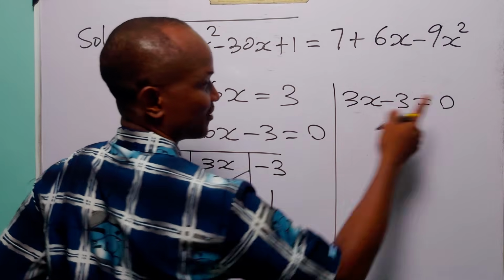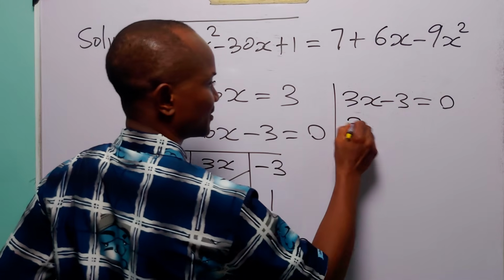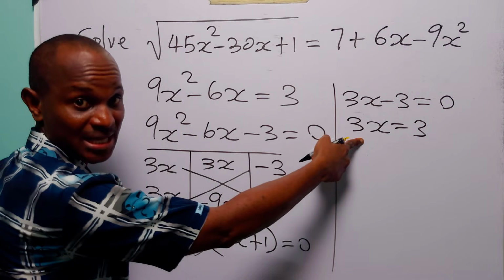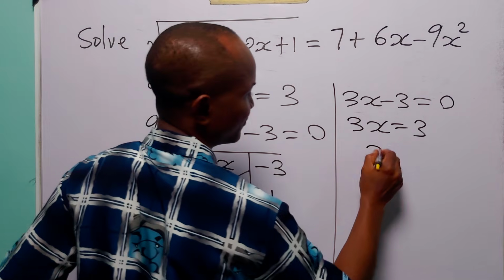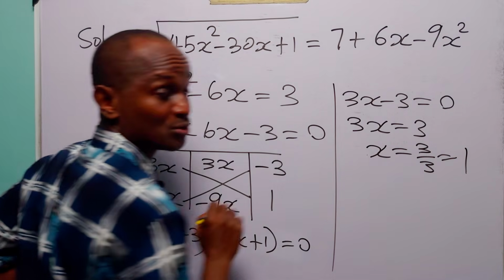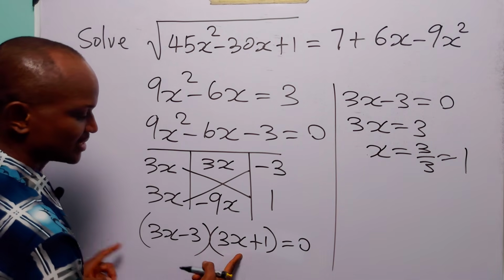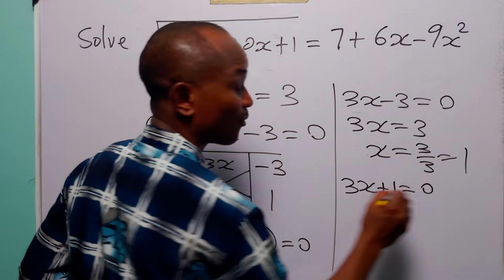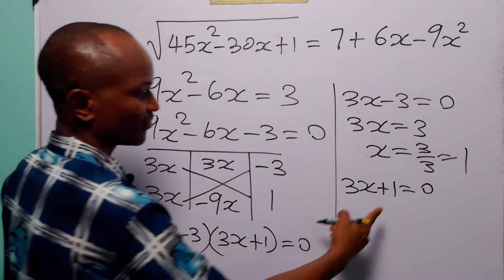Adding 3 to both sides of this equation, we have that 3x is equal to 3. And dividing both sides of this equation by 3, we have that x is equal to 3 over 3, which is equal to 1. Now, in this case, we have that 3x plus 1 is equal to 0.